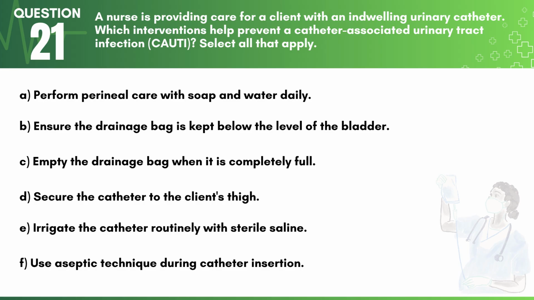B. Ensure the drainage bag is kept below the level of the bladder. C. Empty the drainage bag when it is completely full. D. Secure the catheter to the client's thigh. E. Irrigate the catheter routinely with sterile saline. F. Use a septic technique during catheter insertion.